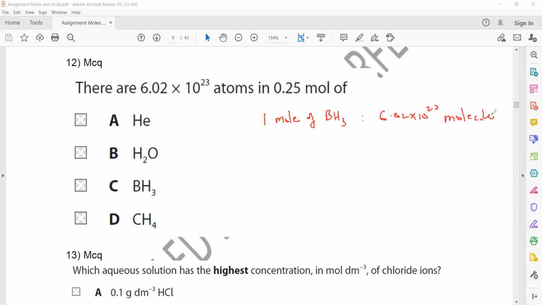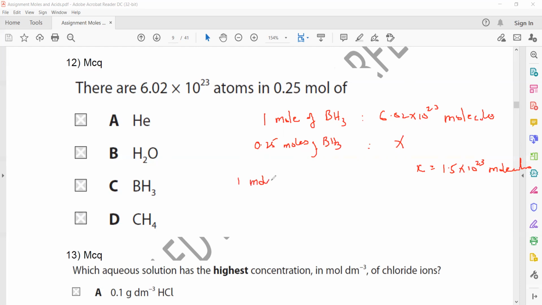So if we have 0.25 moles of BH3, how many molecules will there be? When we solve for X, we get 1.5 into 10 power 23 molecules. Then we take a ratio, because one molecule of BH3 contains 4 atoms, 3 of them hydrogen and 1 boron.